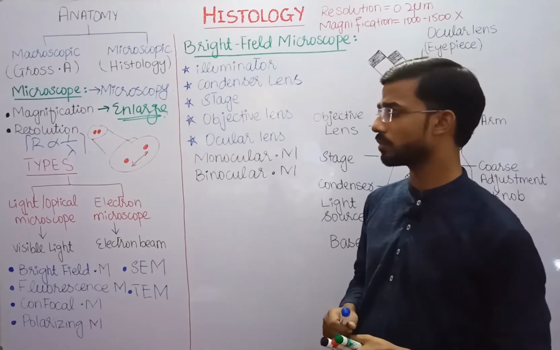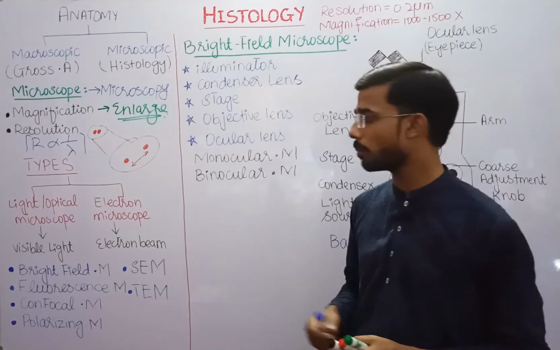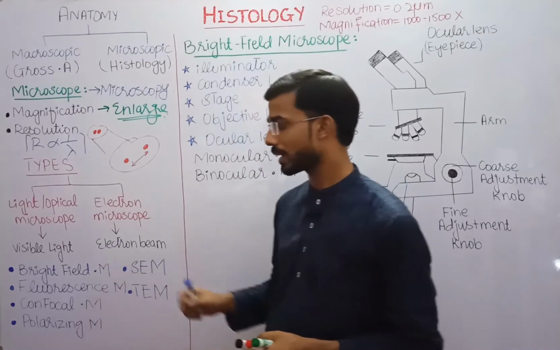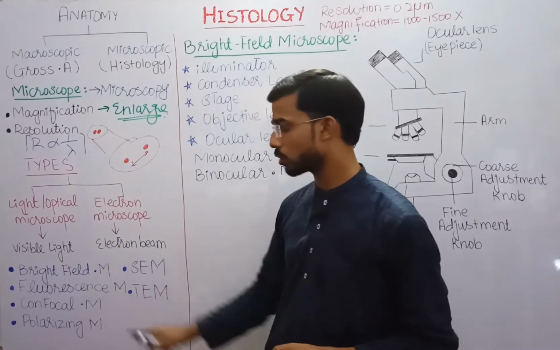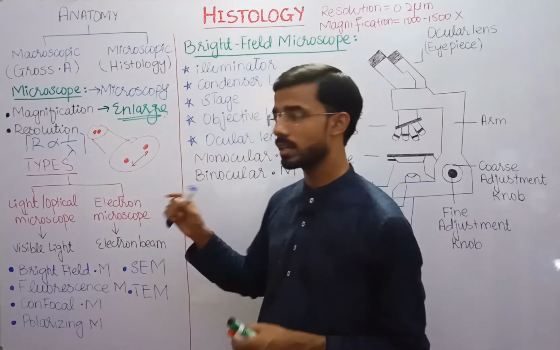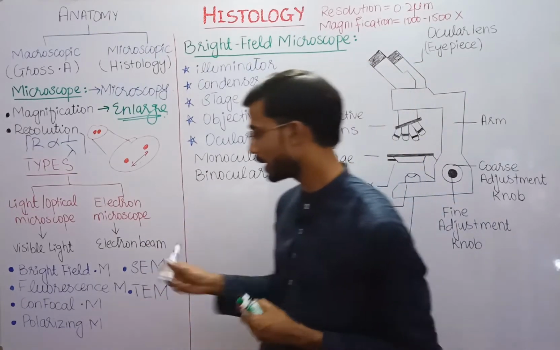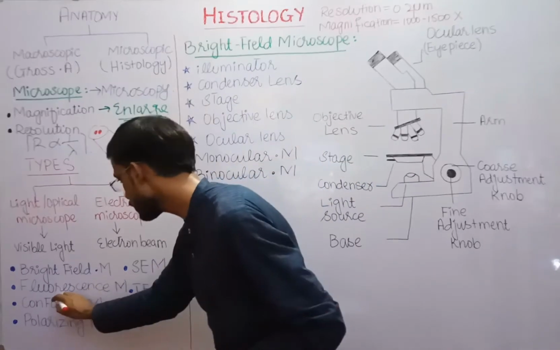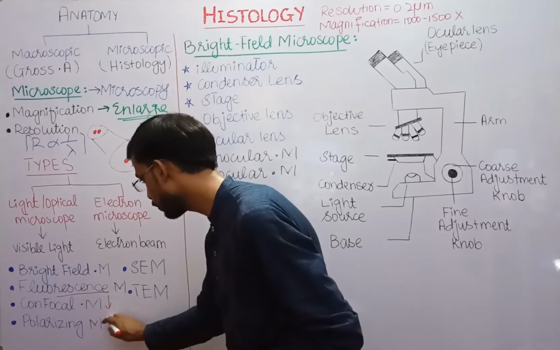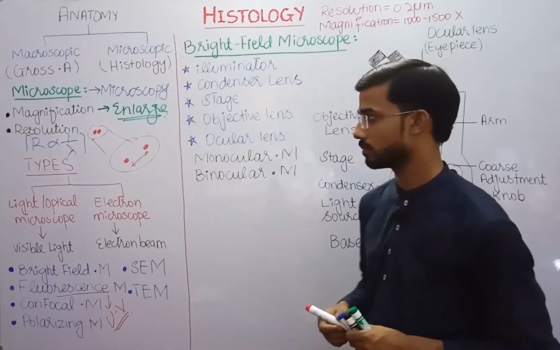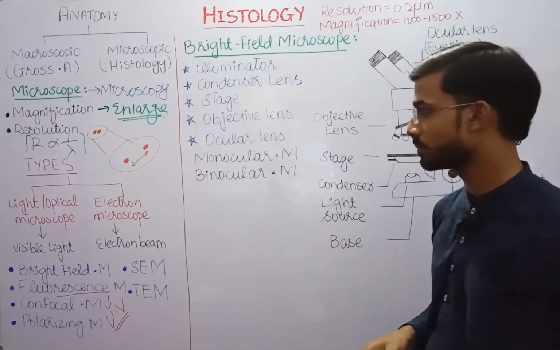There are different types of light microscope like bright field microscope, fluorescence microscope, confocal microscope, polarizing microscope. Here is some difference: in the fluorescence microscope we use ultraviolet light or rays. Here is an exception case.